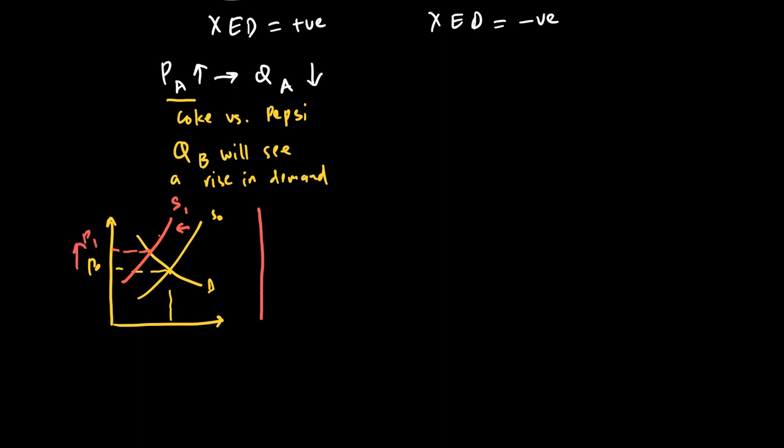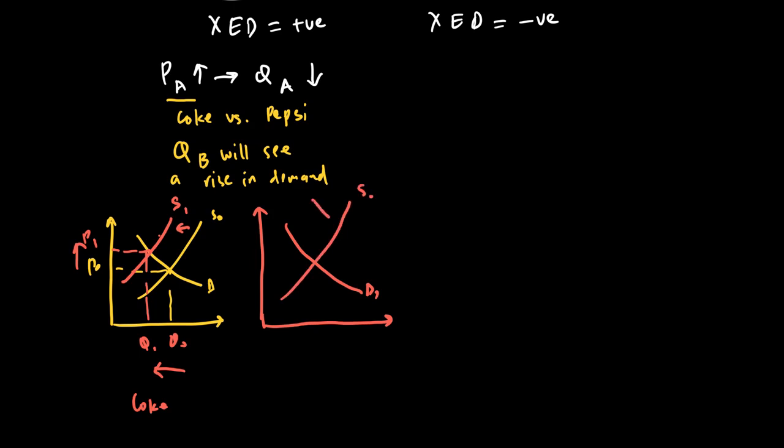That results in consumers who switch, as they buy less of Coke. So this is the market for Coke. But in the market for Pepsi, we'll see the demand go up. So demand rises in this case.